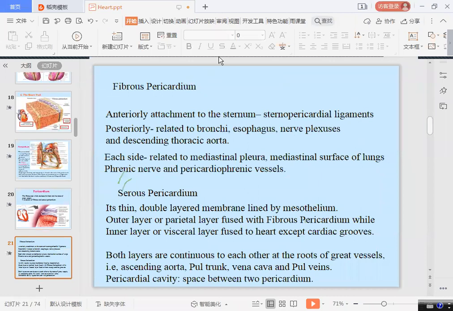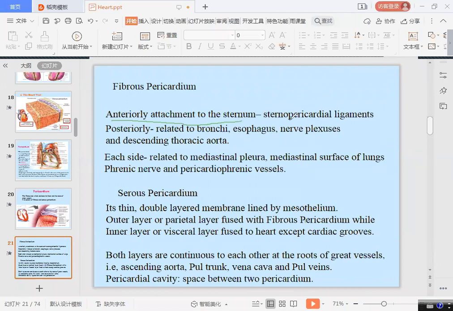Okay, so the fibrous pericardium. What are the attachments, the structure, or the relations of this fibrous pericardium? Anteriorly, it is attached with the sternum. Because it is fibrous and the outermost, it maintains the structure of the heart.